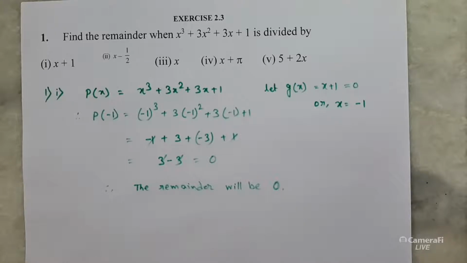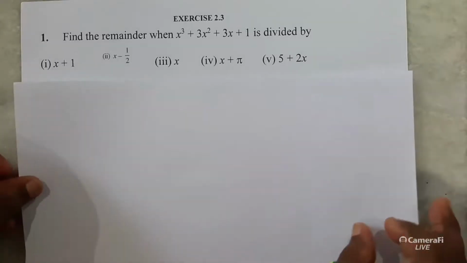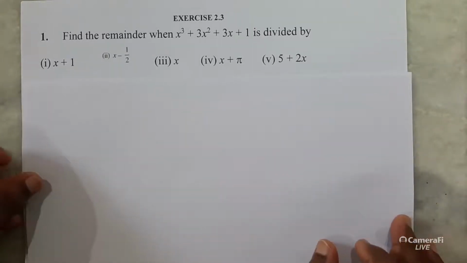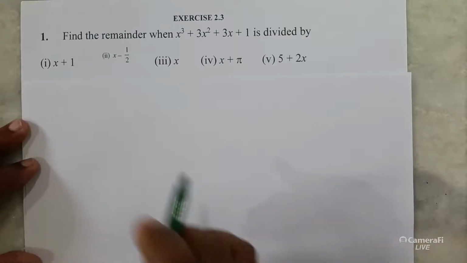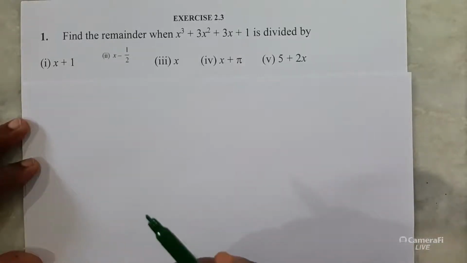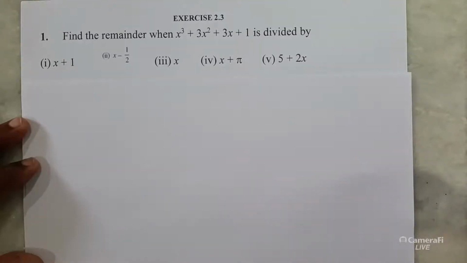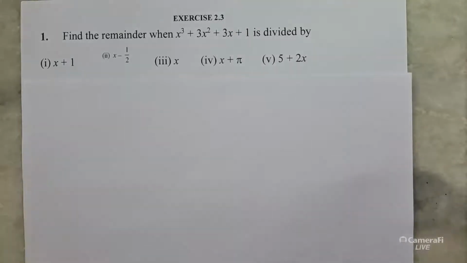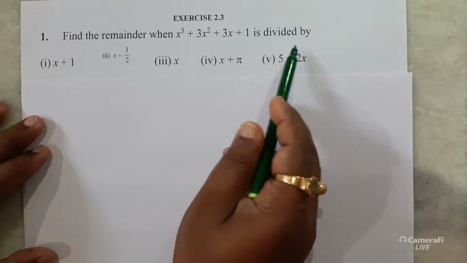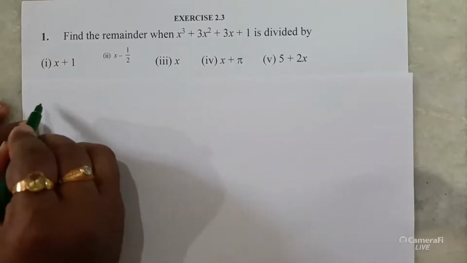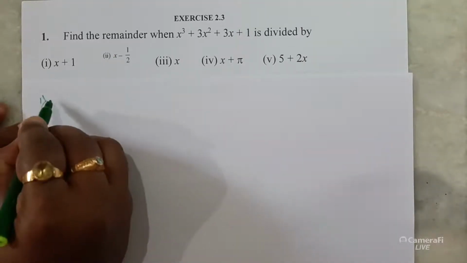Next is x minus half. Find the remainder when x cube plus 3x square plus 3x plus 1 is divided by x minus half.